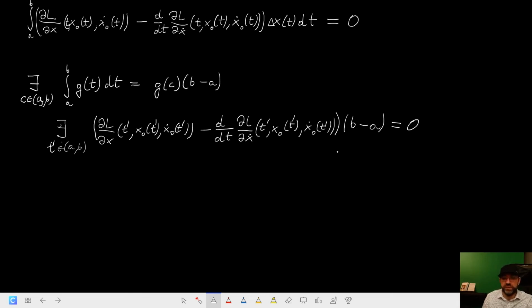We forgot the most important thing, which is our trajectory delta x. You will see why this is important. Times b minus a is equal to 0.